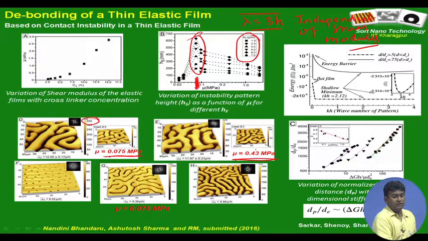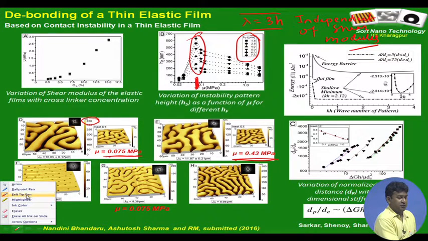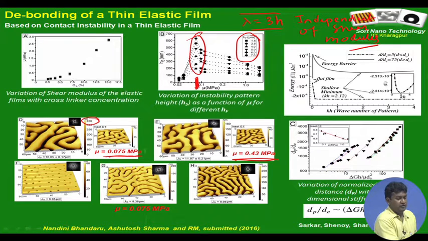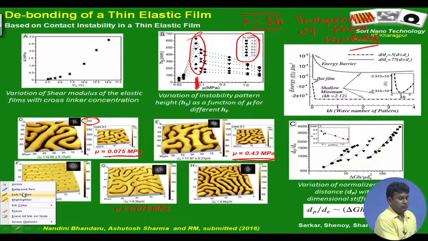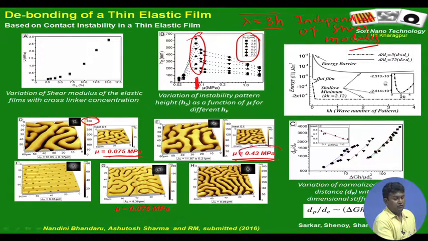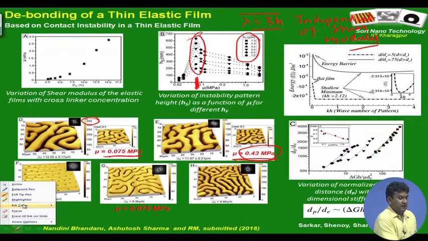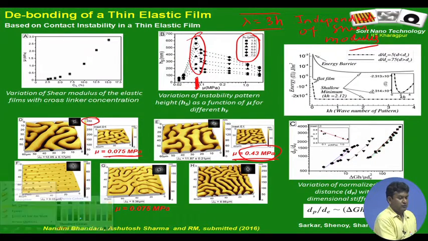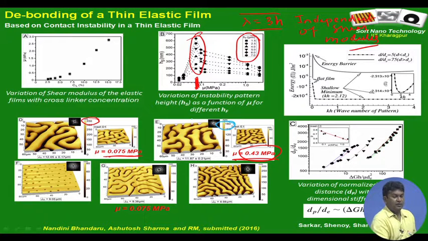In contrast, if the shear modulus is 0.43 megapascal, then the height is only about 180 nanometer. And in both the cases you see that, in very carefully performed experiments, the initial contact is established when the separation distance is of the order of 60 to 70 nanometer.